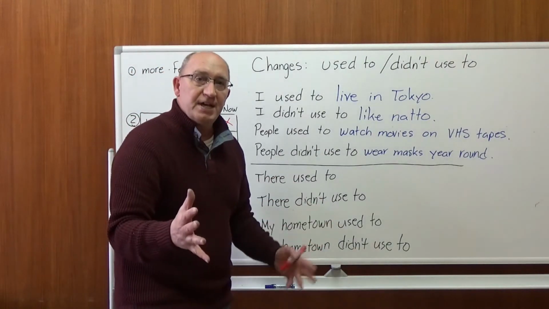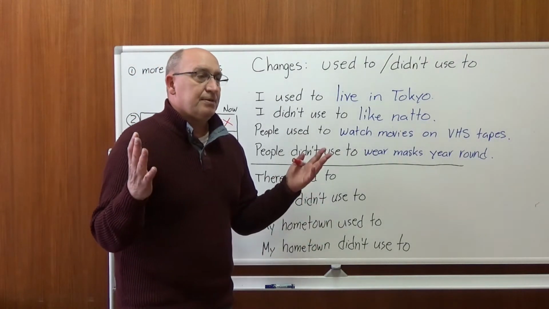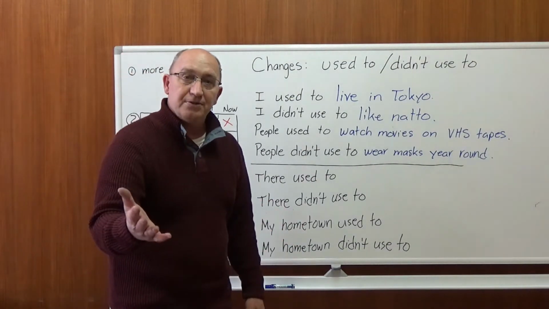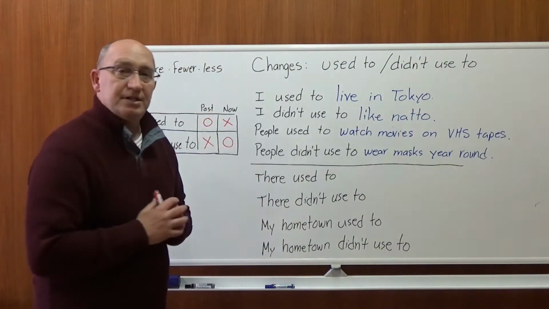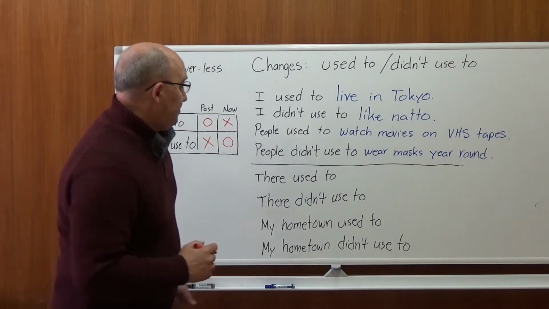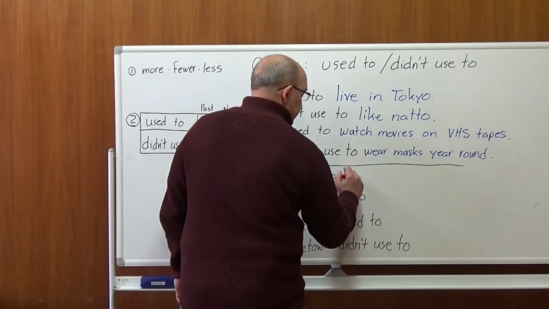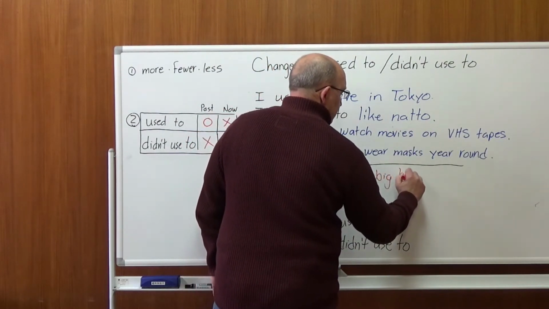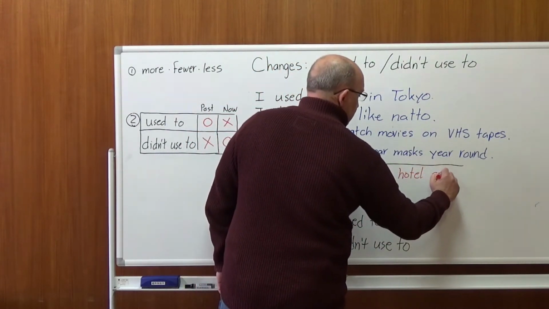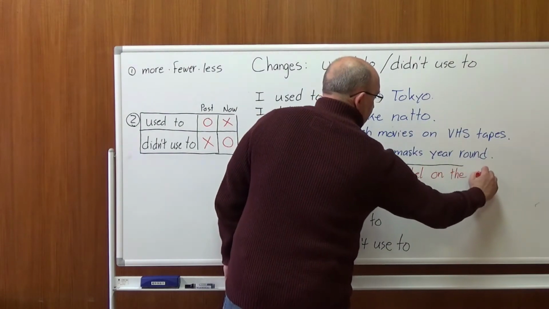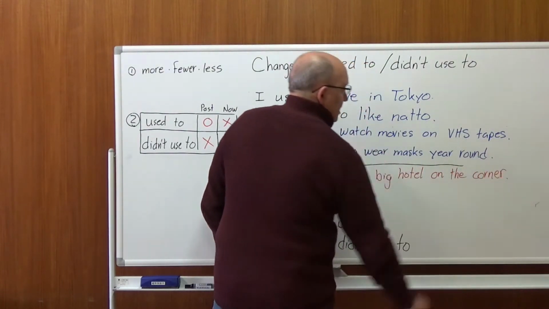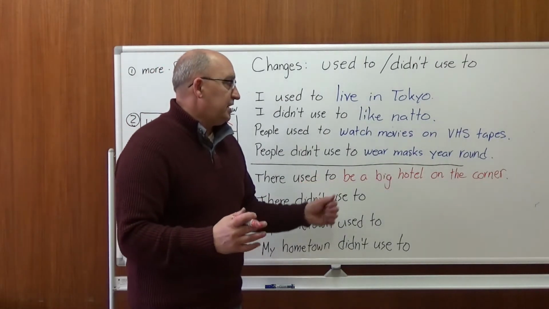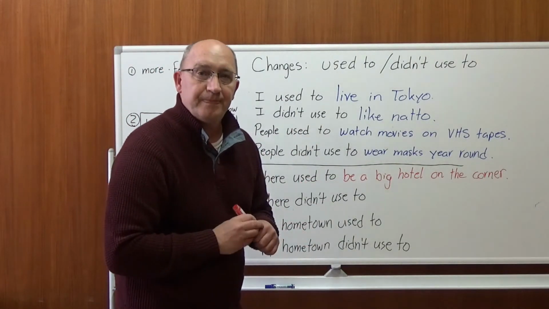Now, it could be your hometown. It could be talking about a restaurant, a hotel. You could be talking about your own house. But just talking about some places, for example, there used to be a big hotel on the corner.